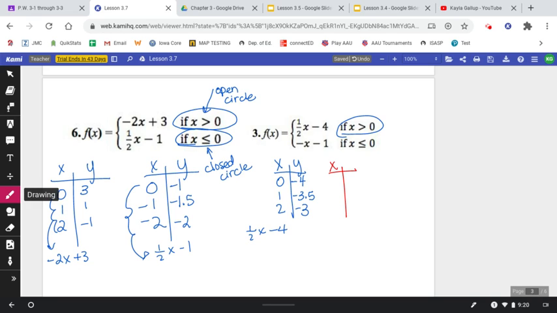For the second table, I'm using numbers that are less than or equal to 0. So 0, -1, and -2, for the equation -1x minus 1. So this would give me -1, 0, and +1.